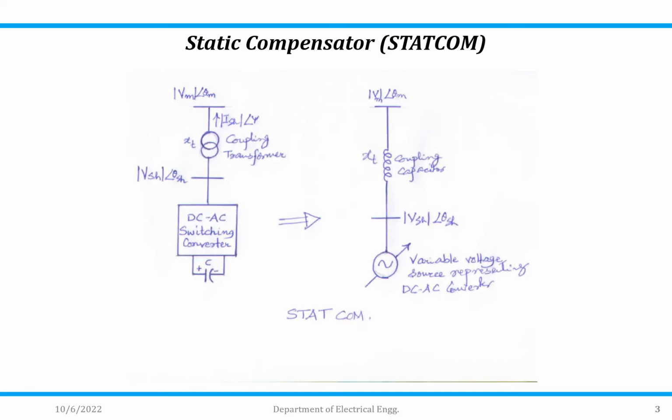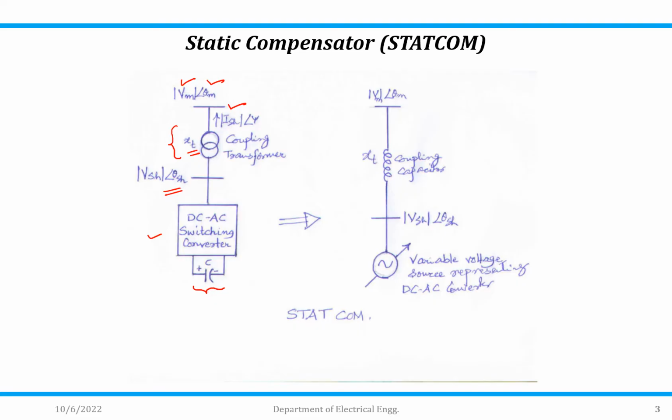This is the diagram of a static compensator. Let's say this is your main line whose voltage is Vm at an angle theta m. This will be a transformer, called a coupling transformer, having reactance denoted by Xt. Here this will be voltage Vsh at an angle theta sh, which is near to the converter. This will be a DC to AC switching converter, and the capacitor is connected across this for exchange of real power.